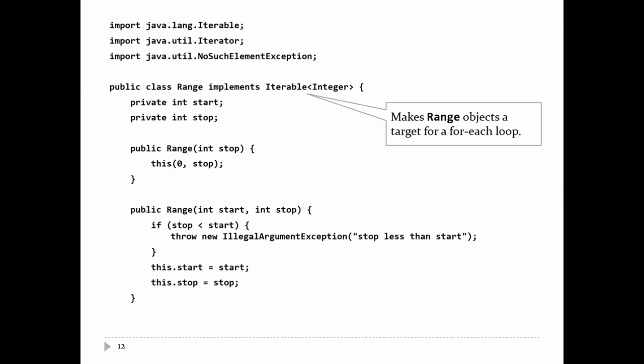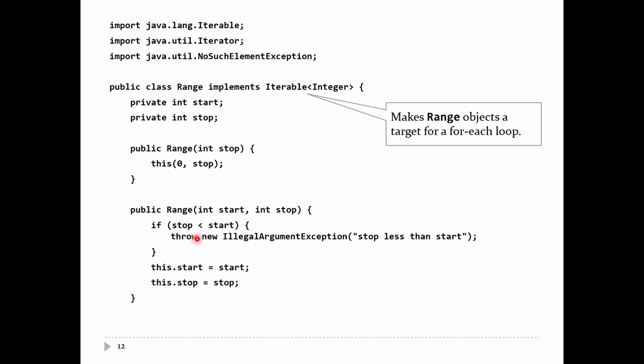Now you can provide as many constructors as you want, so I'm going to provide two. I'm going to provide a constructor where you specify the stopping value. If you only specify the stopping value, that counts from 0 up to the stopping value. So here I'm going to chain to the next constructor, where you specify both the start and the stop value.